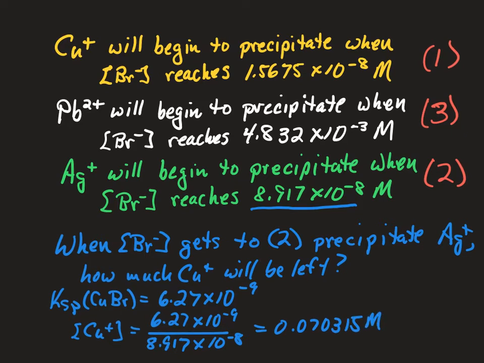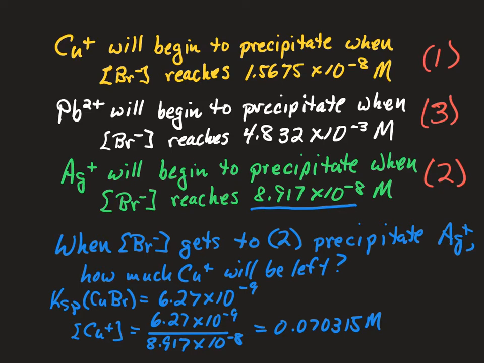So when silver ion starts to precipitate, there will still be 0.07 molar copper ion in solution.